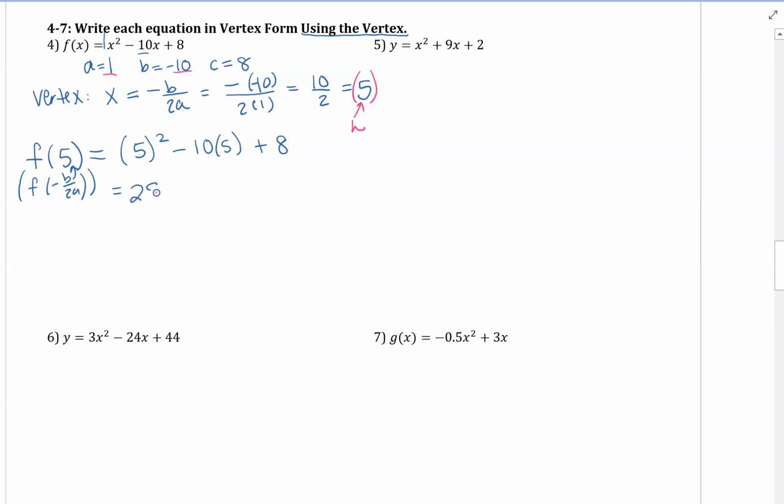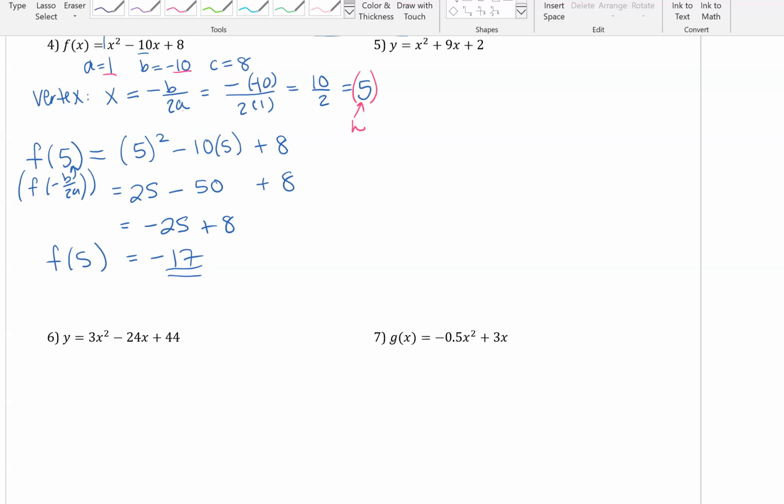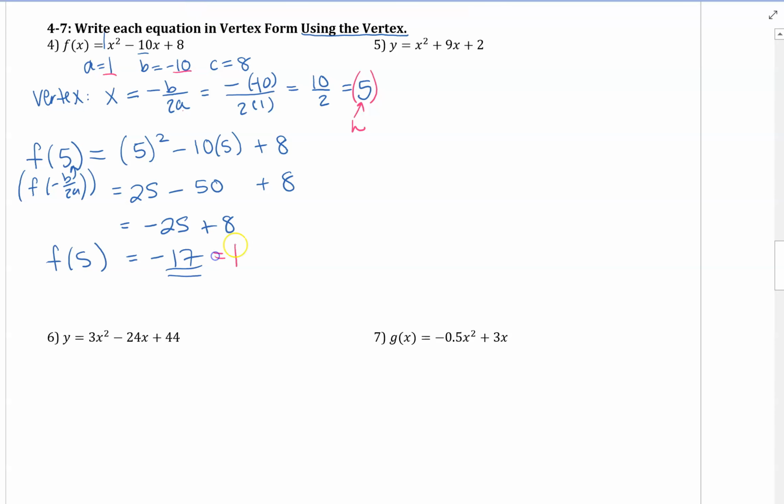So that's 25 minus 50 plus 8, which is negative 25 plus 8, which is the negative 17 that you may remember we had earlier when we solved example 4 by completing the square. So what I just basically found is the y coordinate for the vertex, which is basically k.